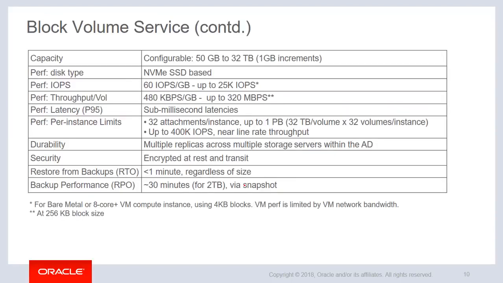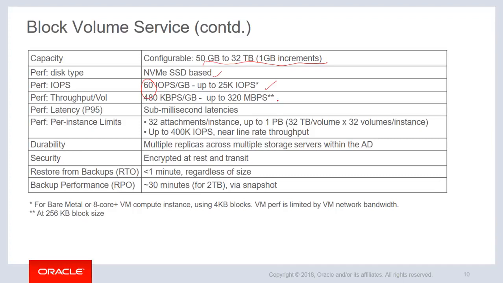For the various characteristics of the service, you can see the various sizes we support, going from 50 gig to 32 terabyte. We looked into it at the beginning of this course. It's all NVMe SSD based. We have a baseline IOPS per gig of 60 IOPS per gig, and for every volume we support up to 25,000 IOPS, and these IO blocks are 256 KB block sizes.